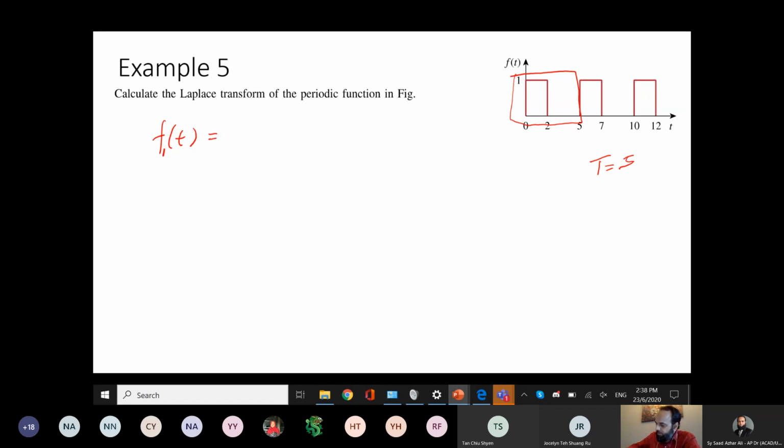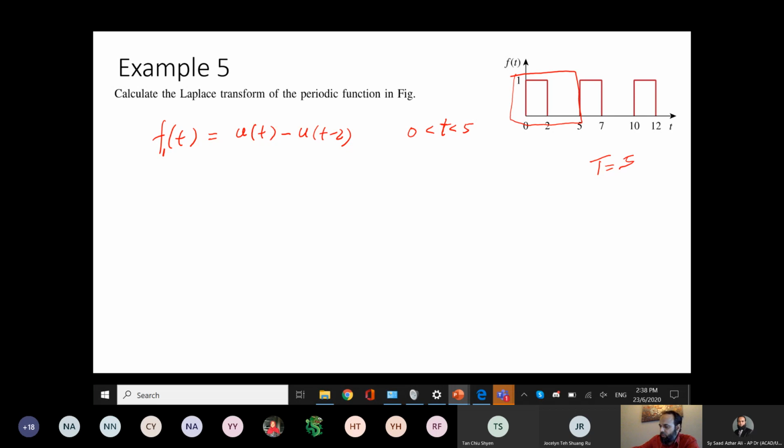We can see that it started with u(t), but it ended at minus u(t minus 2). For clarity, this is between 0 and 5, small t.